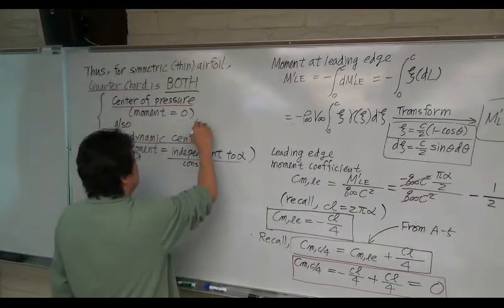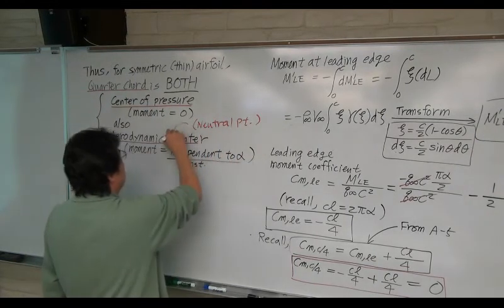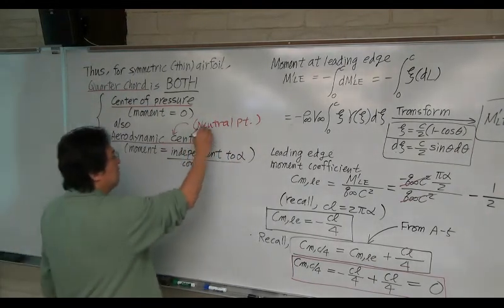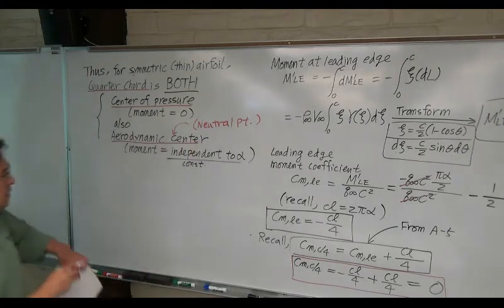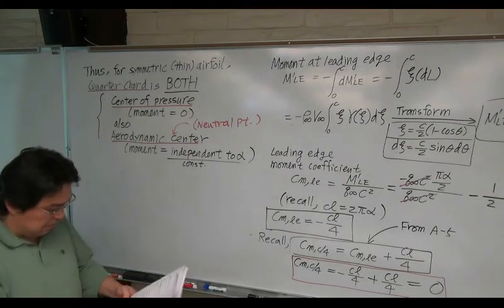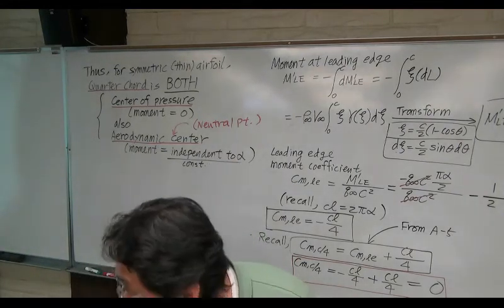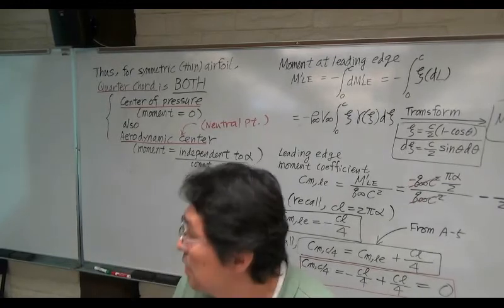This is actually called the neutral point. Importantly, this is a very, very important conclusion from symmetric airfoil analysis. Okay, all right. So move on to the next page and let's take a look at some examples.